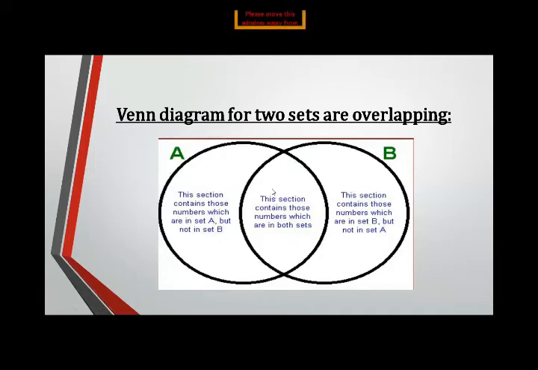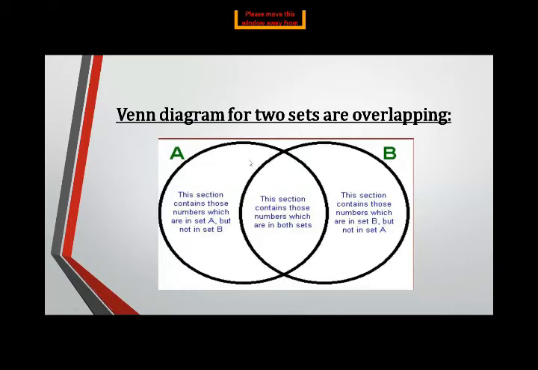So here you can see there are two circles which are overlapping each other. Now, students, the first circle is used for set A, the second circle is used for set B. Here only this section contains those numbers which are in set A but not in set B. I repeat it again, students, please listen to me carefully.